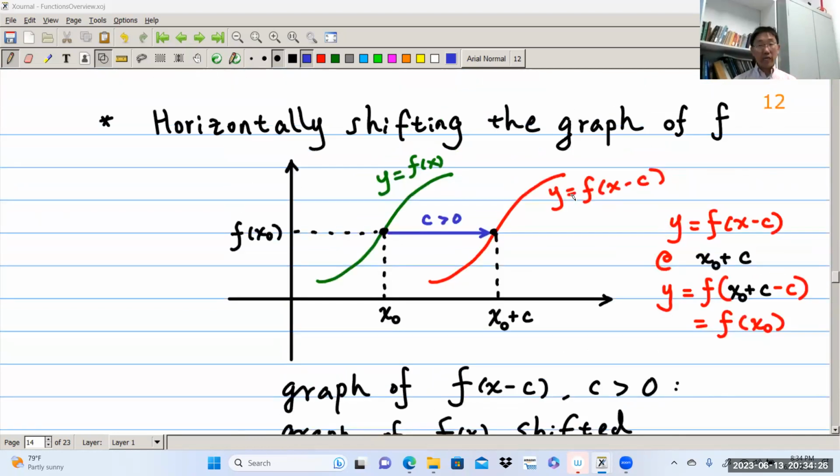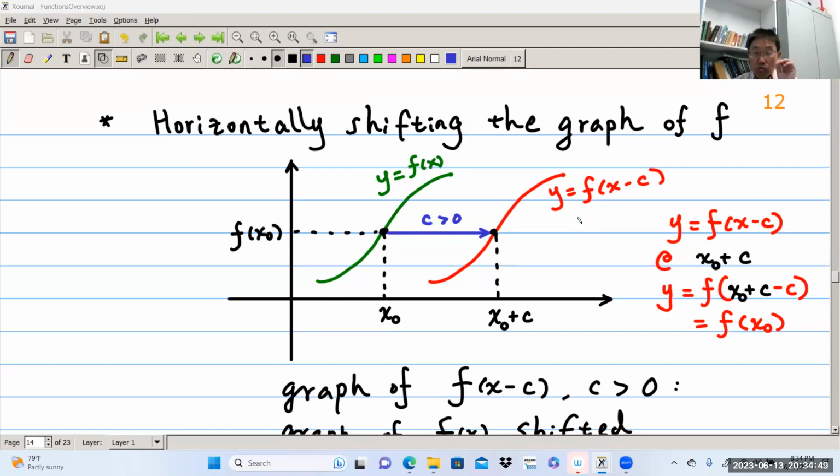So next, horizontal shift. Suppose this green curve is the graph of y equals f of x. We have this point here on the graph of y equals f of x.